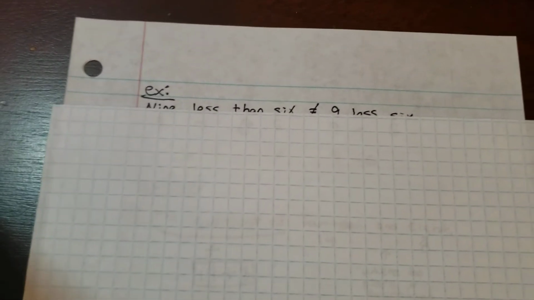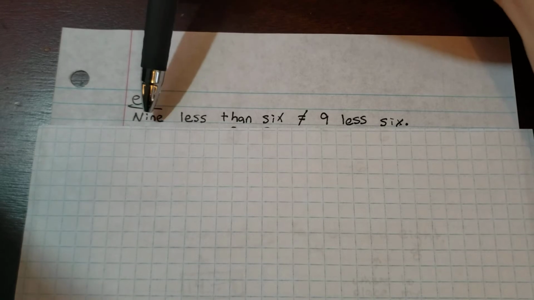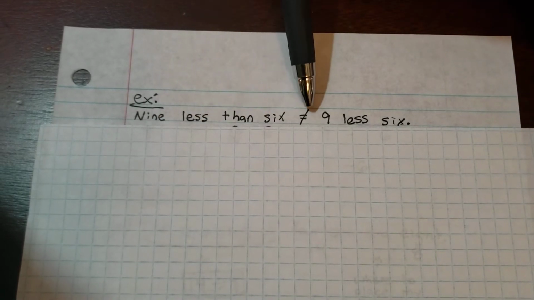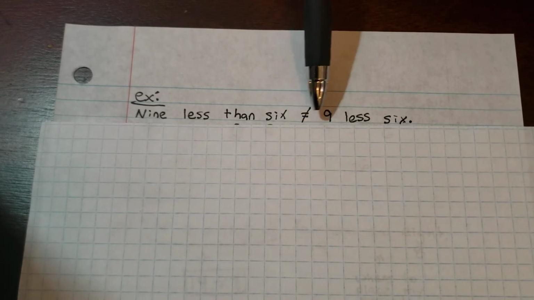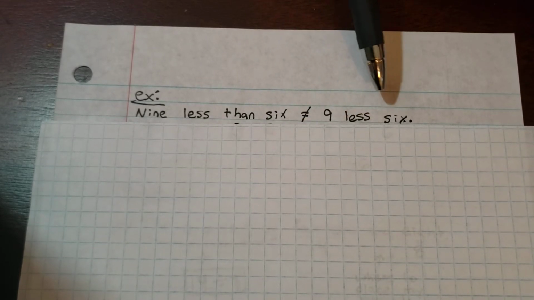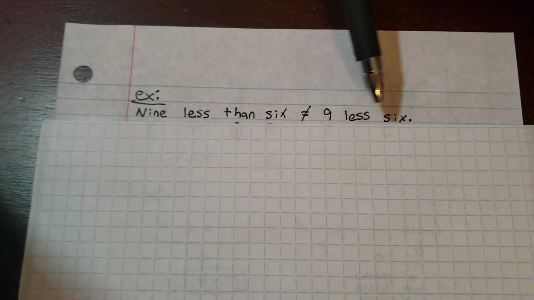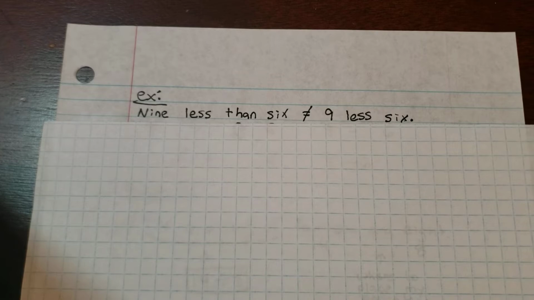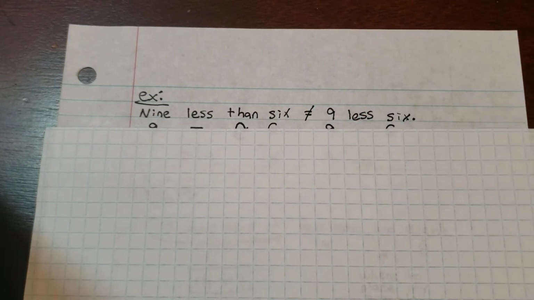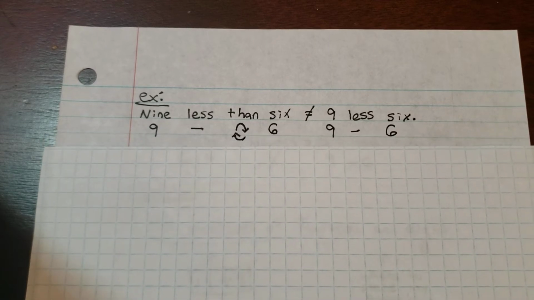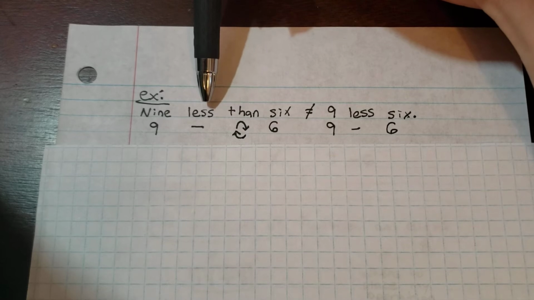Okay, so in this first example, we have 9 less than 6 does not equal, that's the equal sign with a slash through it, 9 less 6. And here's why. Whenever I see these phrases, I'm just going to write what I see underneath. 9 less indicates subtraction.